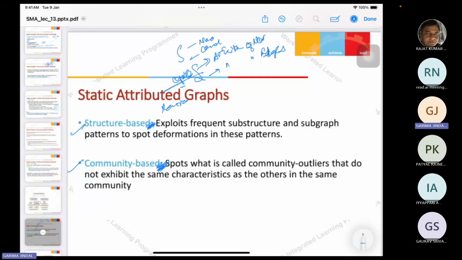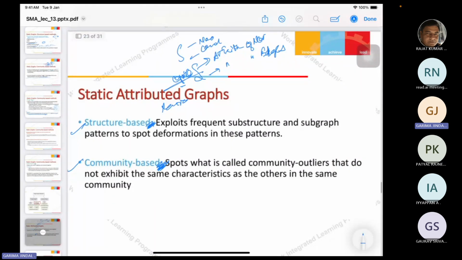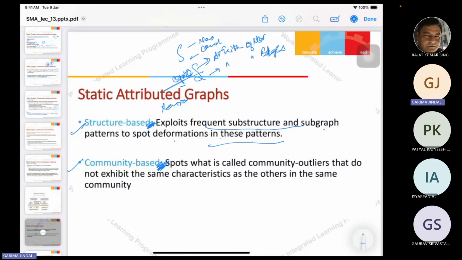The idea is somewhat similar here, but you also have to consider the attributes of the nodes to identify anomalous behavior. The structure based method exploits frequent substructures and subgraph patterns to spot deformations in these patterns. We try to identify the subgraphs or substructures, and in those substructures we try to identify the anomaly based on the attribute values.